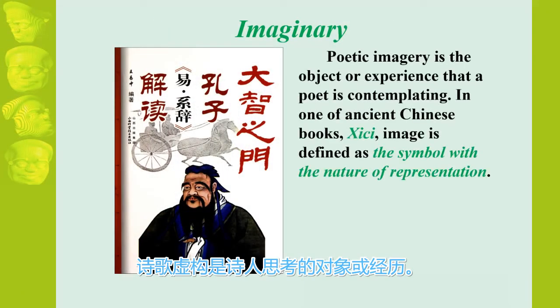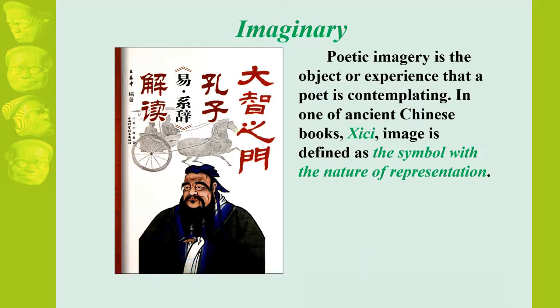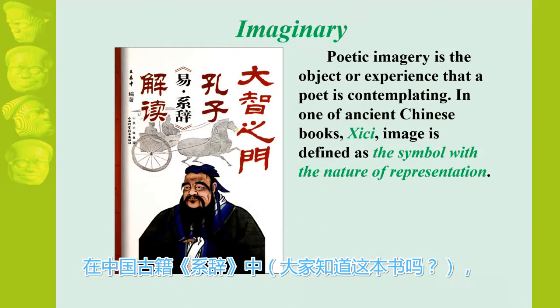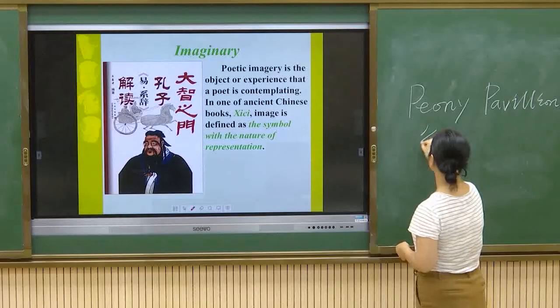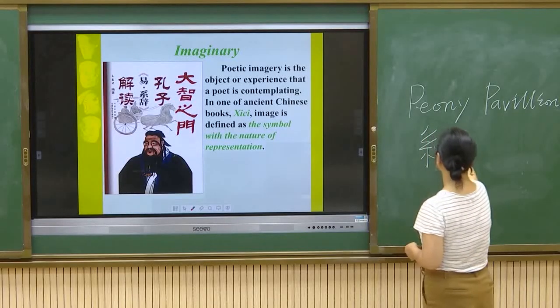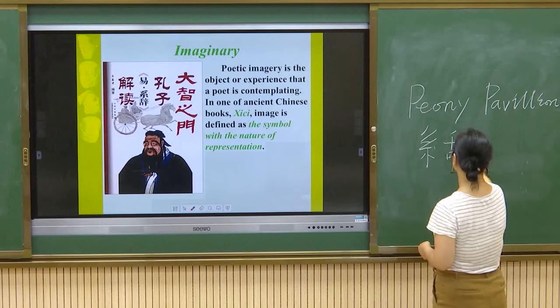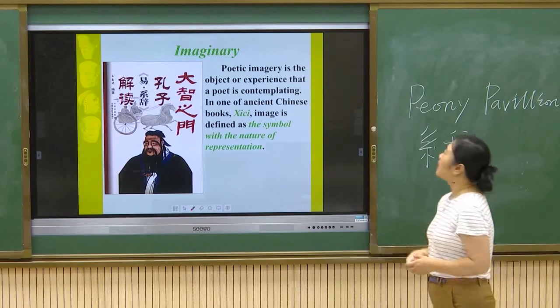Poetic imagery is the object or experience that a poet is contemplating. In one of the ancient Chinese books, 戏词, you know this book? Yes.